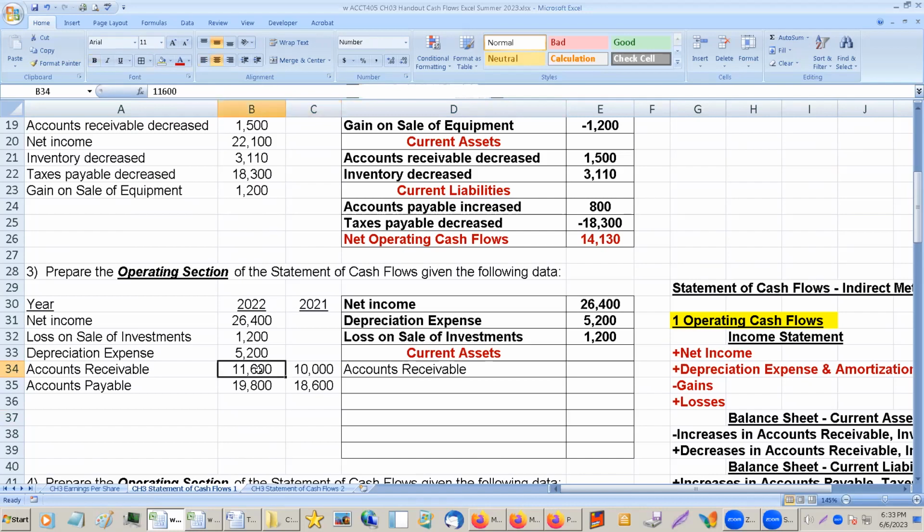From 10,000 to 11,600. It increased. Yep. It increased by... I should do this a little differently.